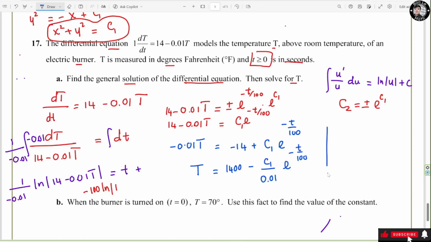Now I just name c3 equals negative c1 over 0.01. So finally I have capital T equals 1400 plus c3 e to the negative t over 100. The constant right here doesn't matter. You can name any letter, D, E, F, it's up to you. So this one is the final answer.